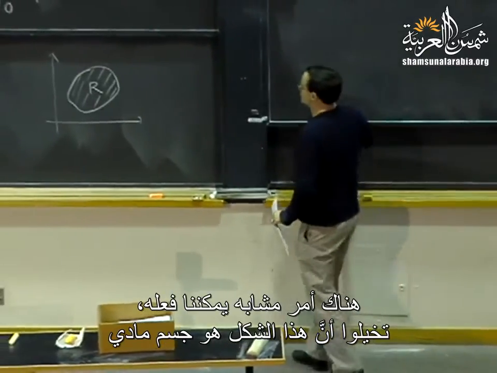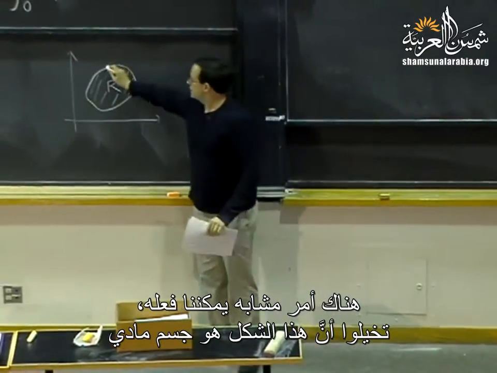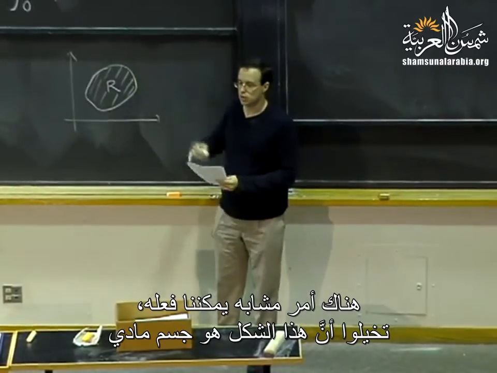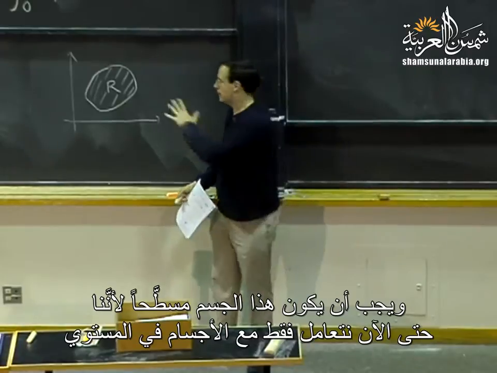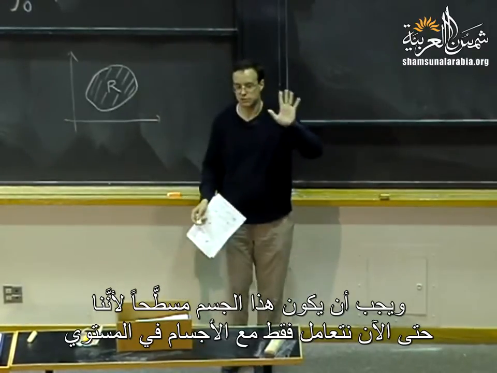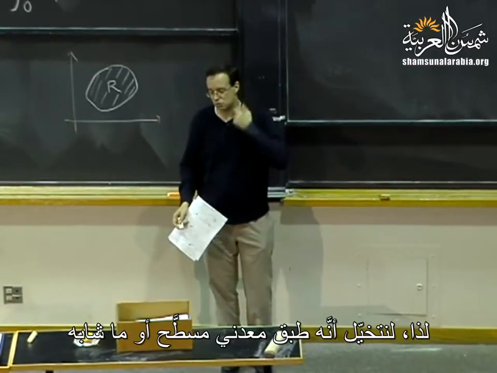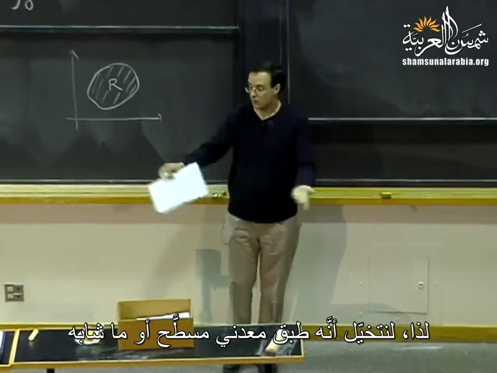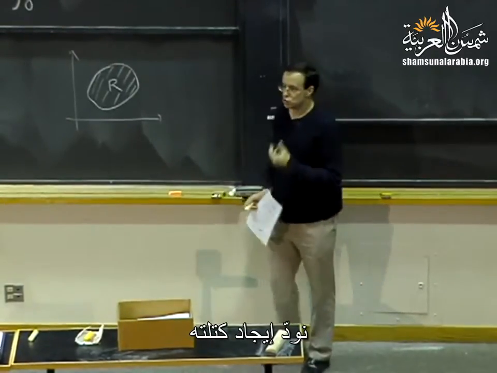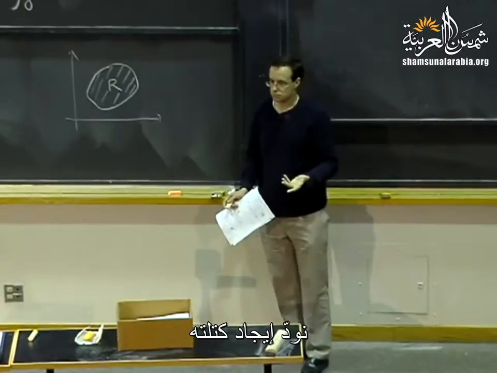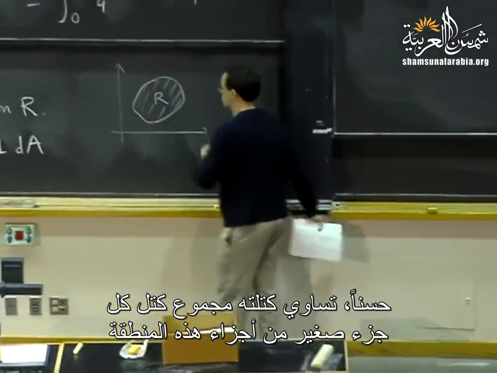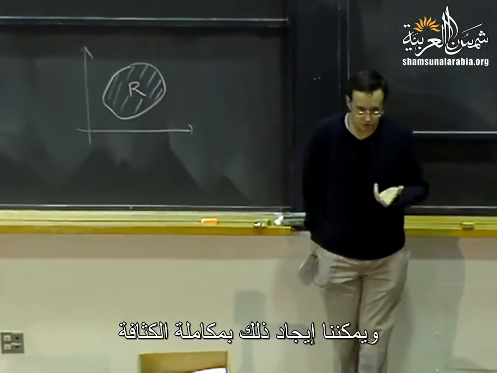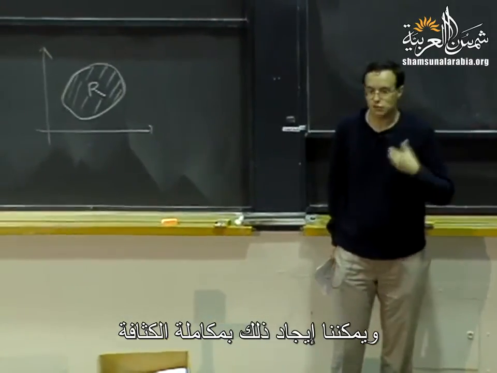Okay, a related thing we can do: imagine that this is some physical object. It's got to be a flat object because we're just dealing with things in the plane so far. But you have a flat metal plate or something, and you would like to know its mass. Well, its mass is the sum of the masses of every single little piece. And so you would get that by integrating the density.